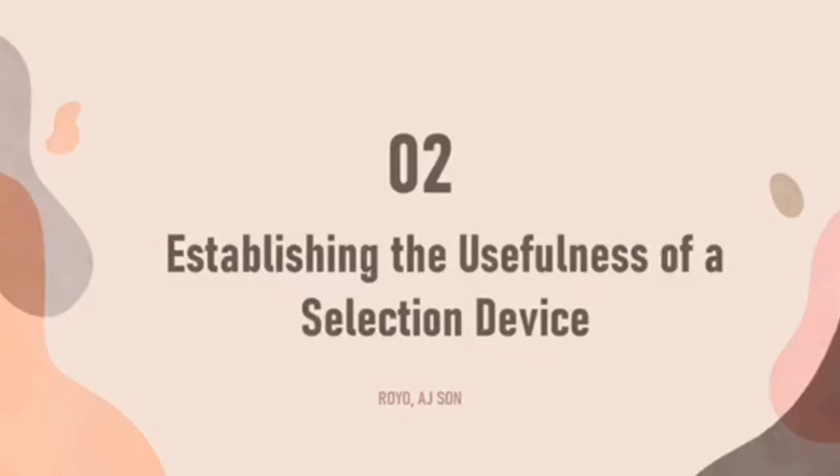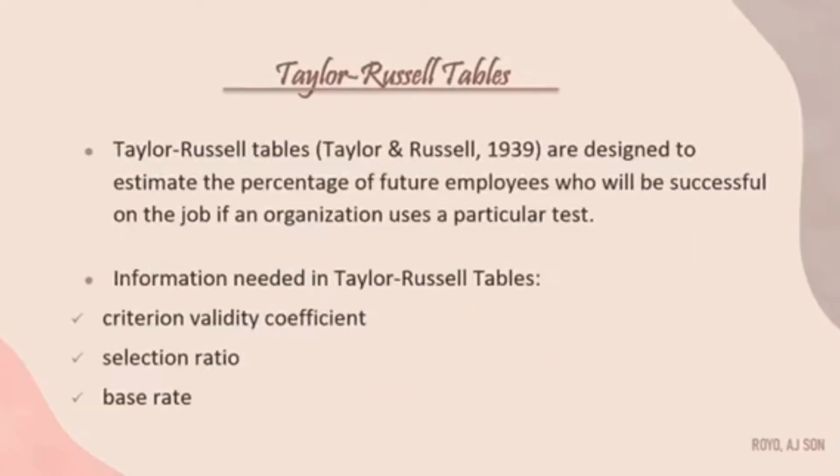Okay? And one of these is the Taylor-Russell table. So with the Taylor-Russell table, guys, if an institution or organization uses a test for applicants, they can see how many employees or future employees will be successful in their job. And in order for us to use the Taylor-Russell table, we need the following values.